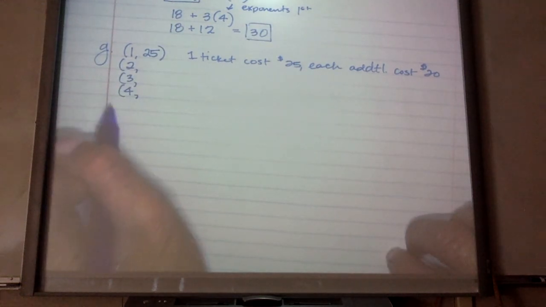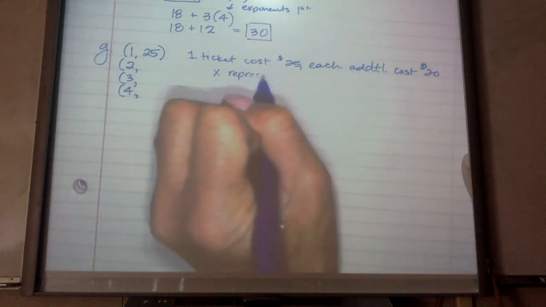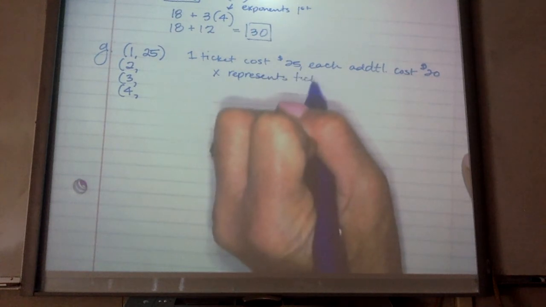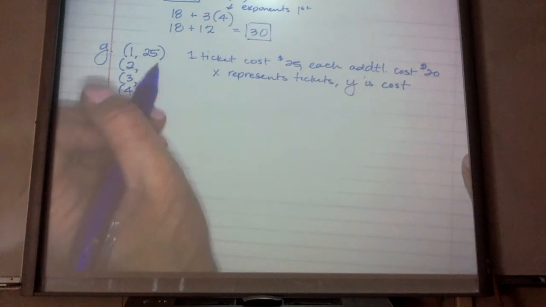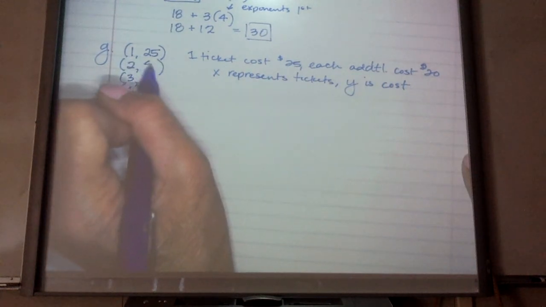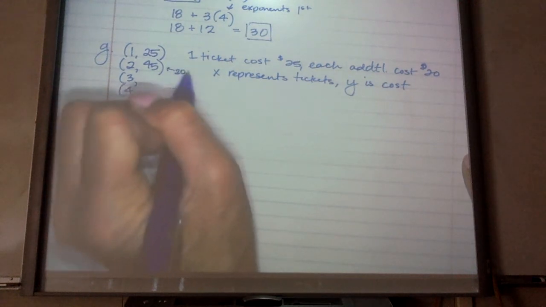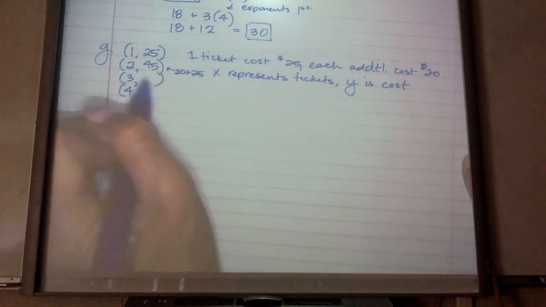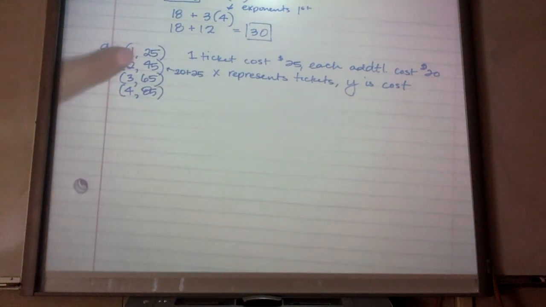So X represents tickets, Y is cost. So this would be 45, 20 plus 25. This would be 65, and this would be 85. Because the cost after one ticket is only $20. If I buy another one, it's 45. Another one, 65. Another one, 85.